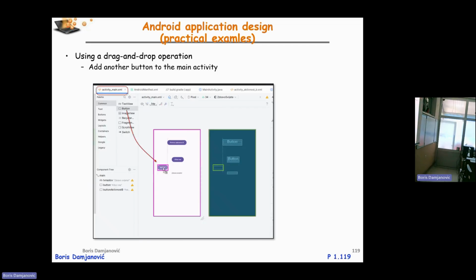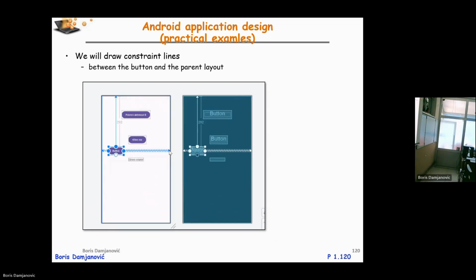So to continue with this, we will add another button in our main layout for activity main. We'll drag constraint lines to connect that and we will show that in the desired position.